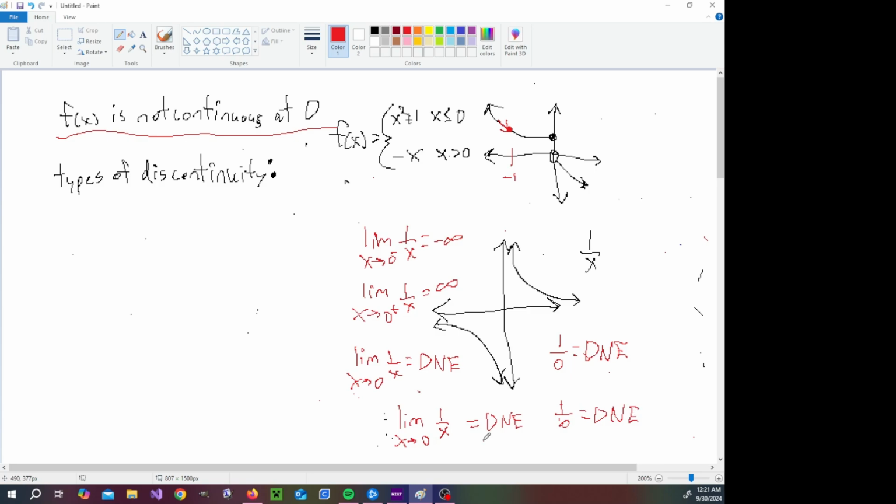But we don't get to say something that doesn't exist equals something that doesn't exist, right? They just don't exist. So we can't even compare those values, right? So this is not continuous at 0, right? Because it doesn't exist, neither even does the limit.